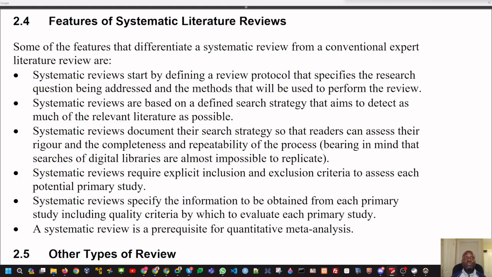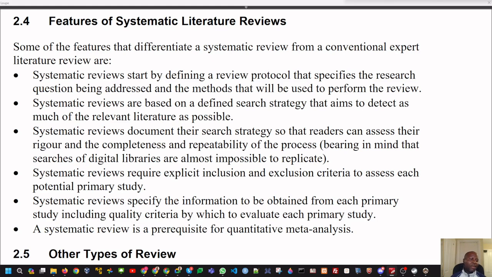That is very important. You saw that in the other paper by the team from Italy, from the University of Torino, if I'm correct. Then secondly, systematic reviews are based on a defined search strategy that aims to detect as much of the literature as possible. In other words, you could then say, to the best of our knowledge, no one has done that.